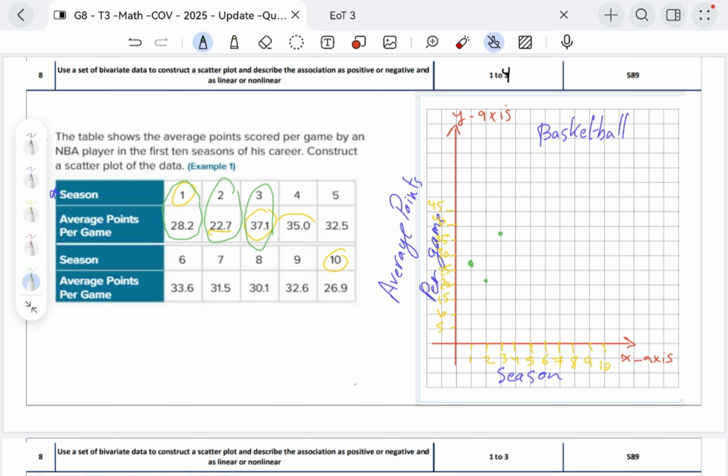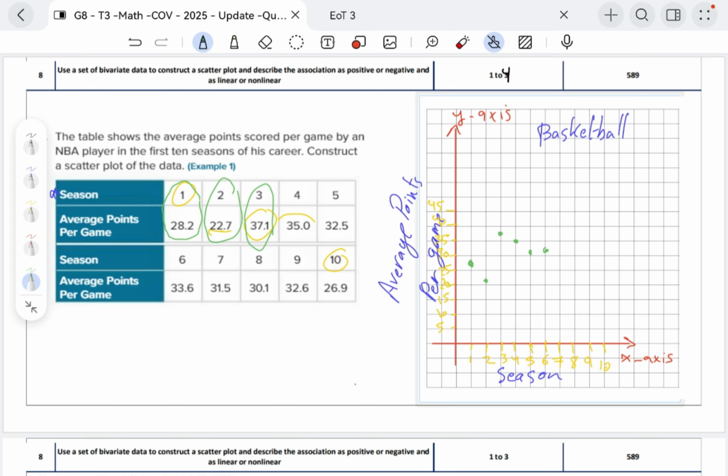The fourth point, 4 with 35, exactly here. The fifth point at 5 with 32. And the next point, 6 with 33, it will be here.